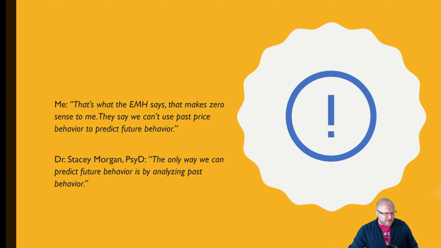And I said, "Yeah, that's what the efficient market hypothesis says. That's what traditional news guys on Fox Business and CNBC say. Well, actually, they're getting more technical analysts on there now, but they say that you can't predict future behavior by past behavior.